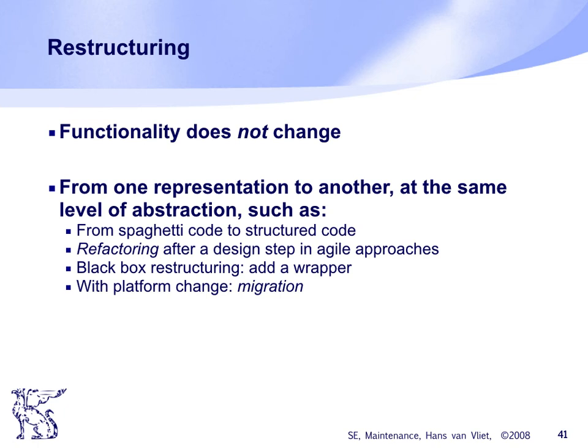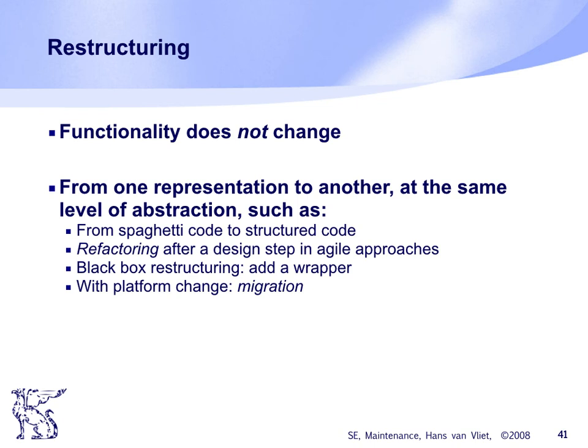So it is also possible to change a system or to modernize a system without touching the code. And here comes wrapping. Suppose wrapping a text-based interface with a graphical interface. So this is actually a black box method. The code of the old system is not inspected. The input and output are simply redirected to the wrapper.